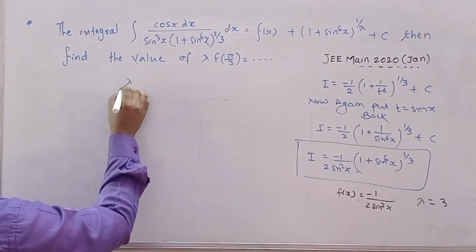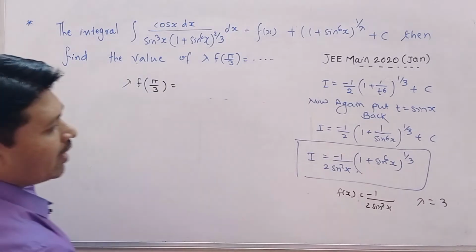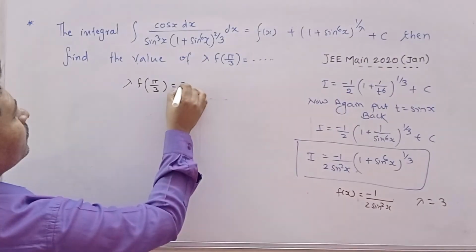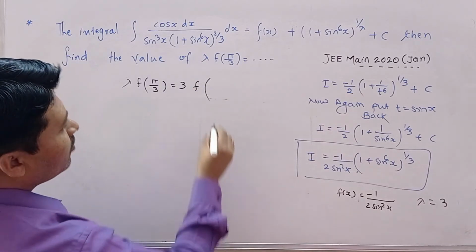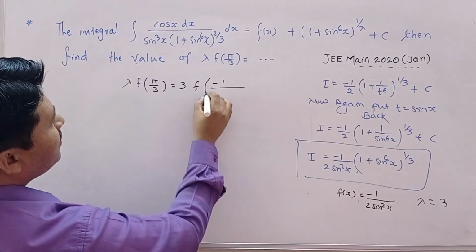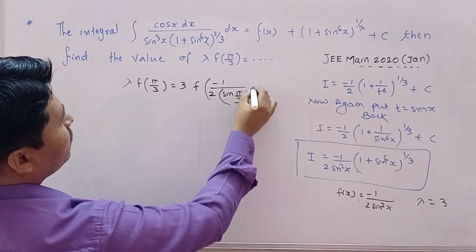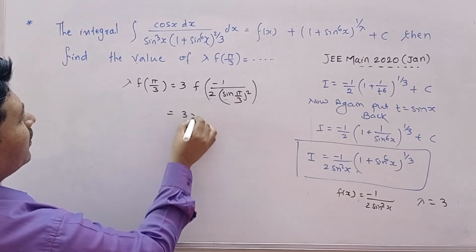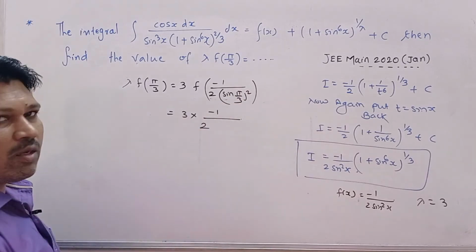Lambda is equal to 3, then the function f of pi by 3 is minus 1 upon 2 (sin pi by 3) squared. So 3 into minus 1, over 2 times sin pi by 3 squared.